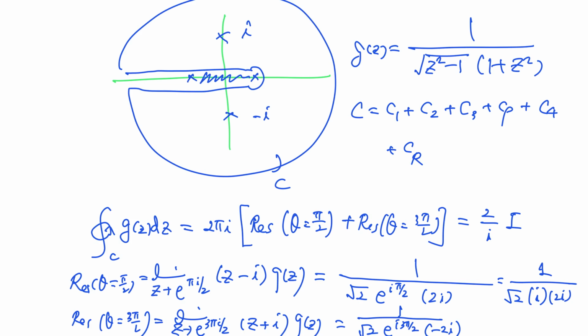The beauty is we have a minus sign here and we have minus i here. So we have square root of 2 times minus i, minus 2i over 1.